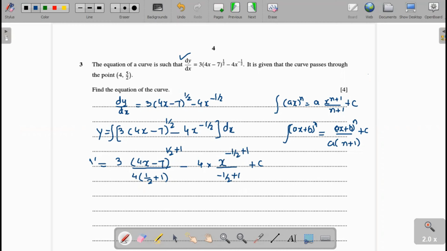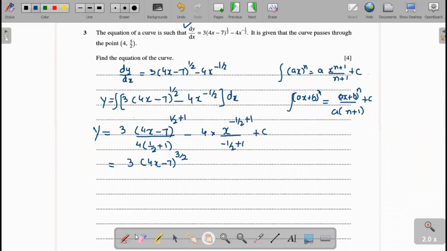That is equal to 3 as it is, (4x minus 7) to the power 3/2 over 4 into 3/2, minus 4 into x to the power 1/2 over 1/2.